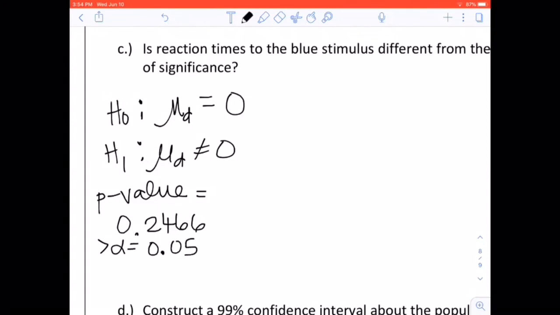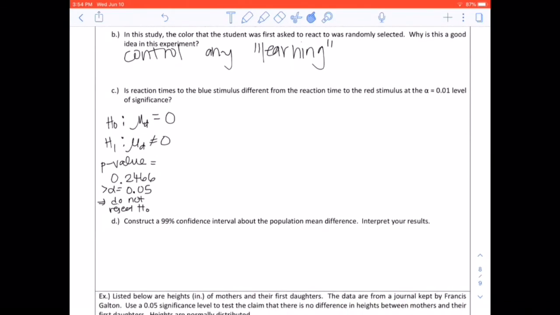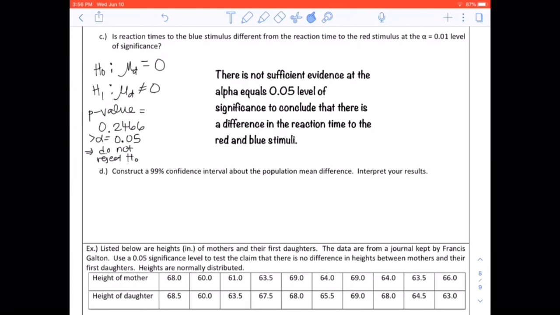And this means that we do not reject H0. So we need to write a conclusion based upon our findings. So in conclusion, there is not sufficient evidence at the alpha equals 0.05 level of significance to conclude that there is a difference in the reaction time to the red and blue stimuli.